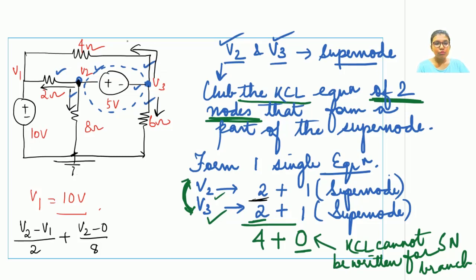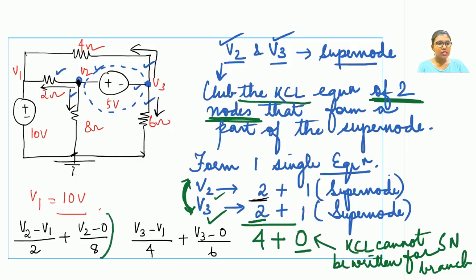The current is assumed to be in the outward direction, so it will again be a plus because we have to club. Let me write down the equation for this upward branch. It can be written as V3 minus V1 upon 4 plus V3 minus 0 upon 6.